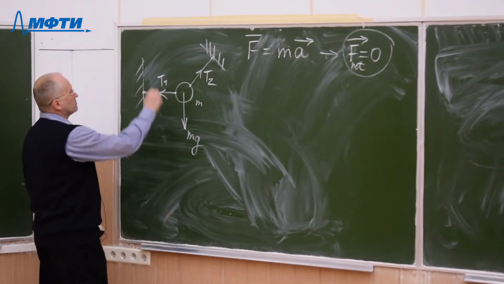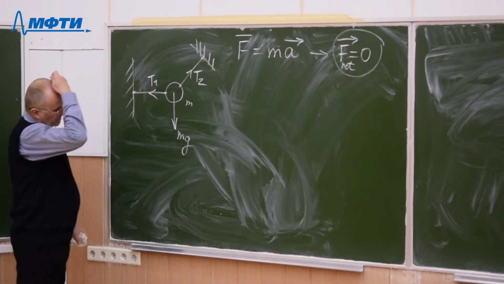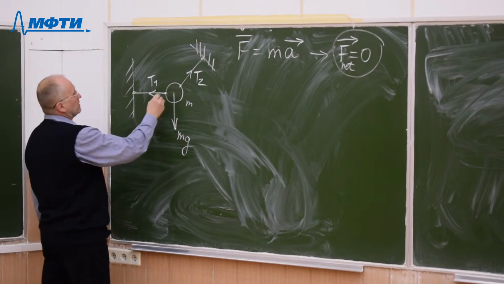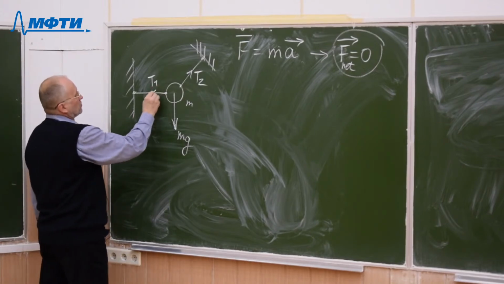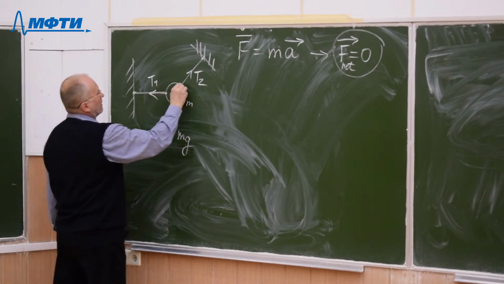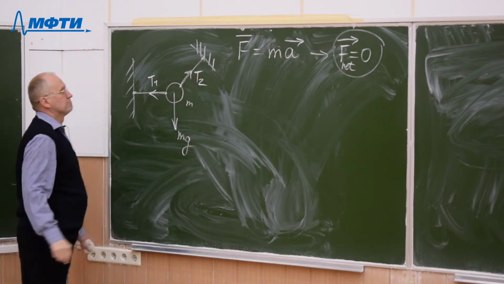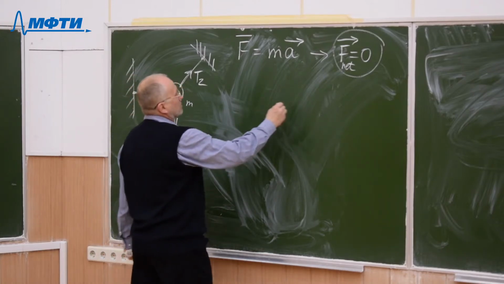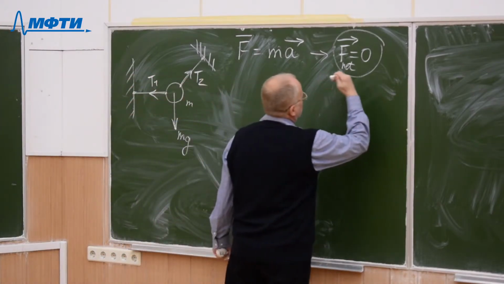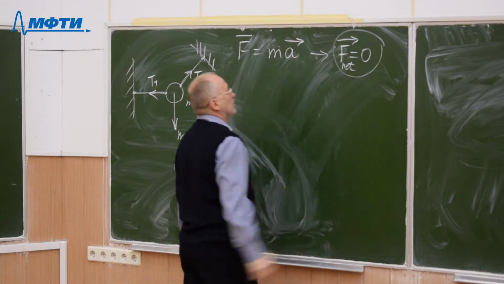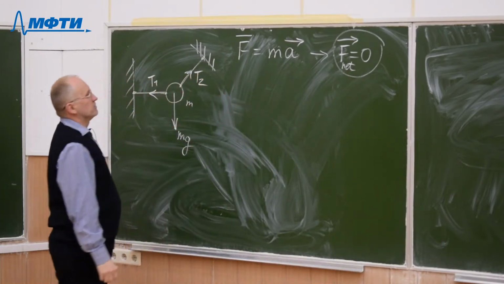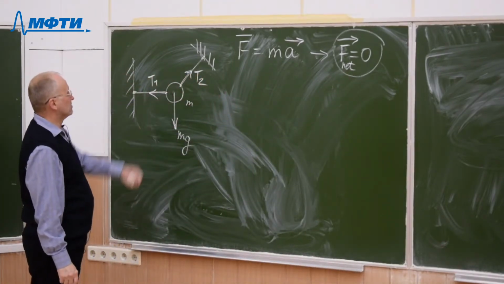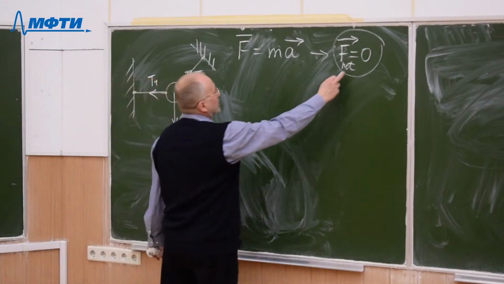And we have to find the condition of this situation. We have to find forces of tension here and here. How do we do it? We have to use this equation, the condition for static equilibrium of a given body. The net force equals zero.